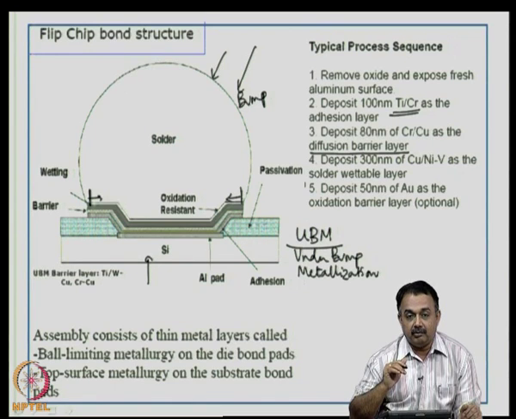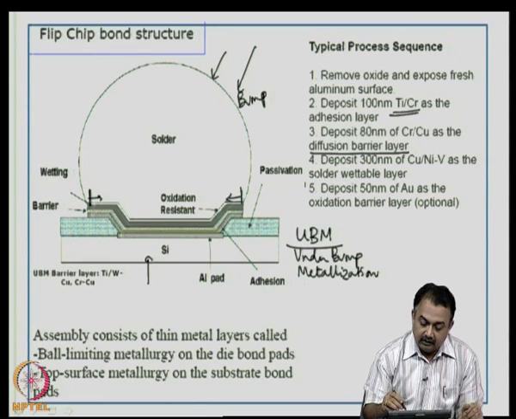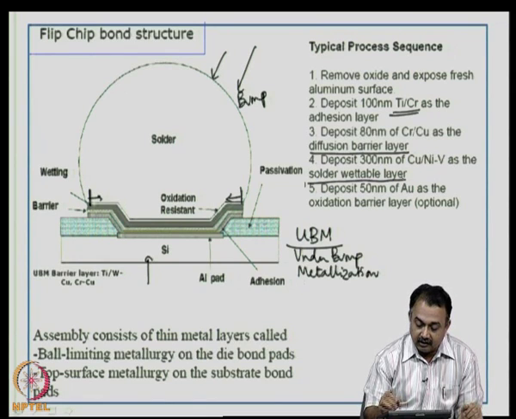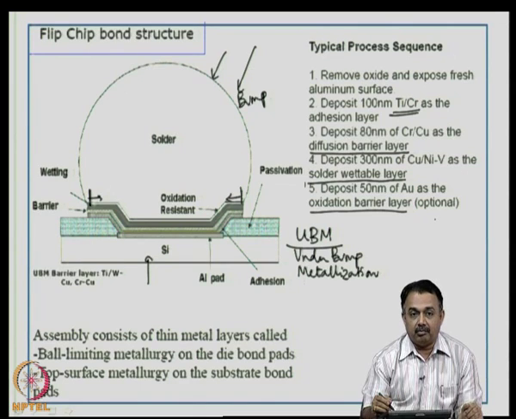So, for the bumps to have long shelf life and high reliability, in terms of thermal, electrical and mechanical properties, then you deposit a solder wettable layer, typically copper, nickel, vanadium, and finally an oxidation barrier layer of gold, and then onto which you attach the solder bump.